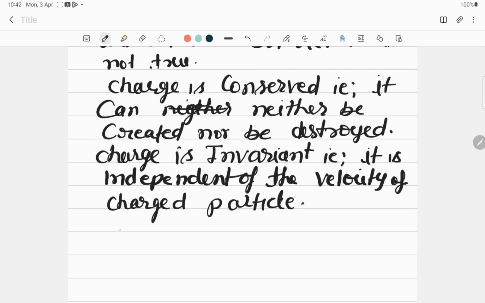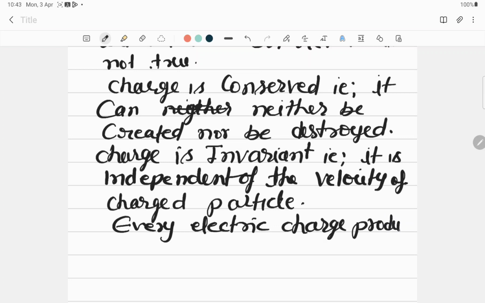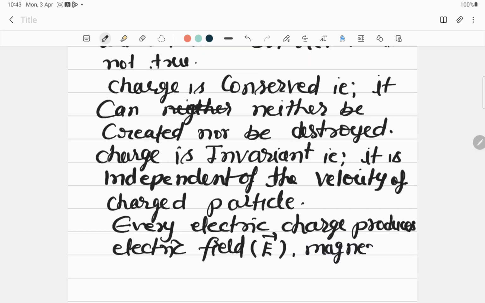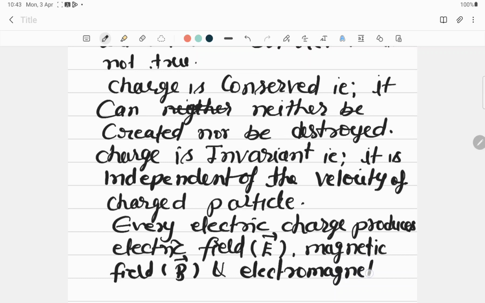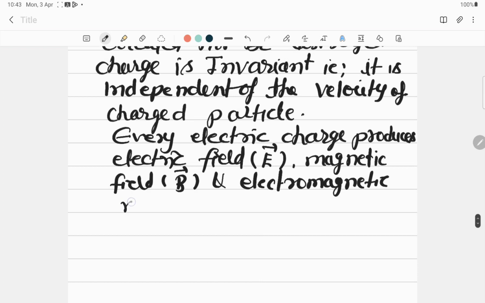Also, every electric charge produces electric field, magnetic field, and electromagnetic radiations.